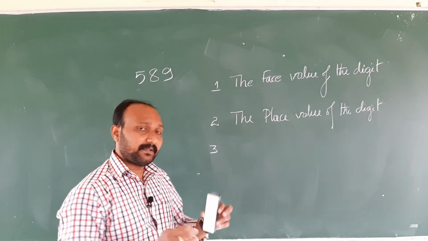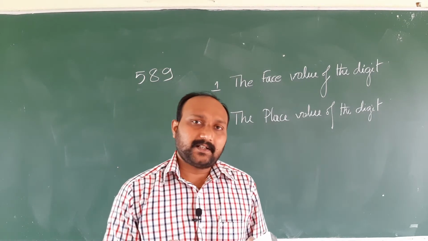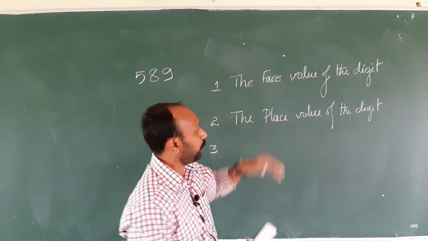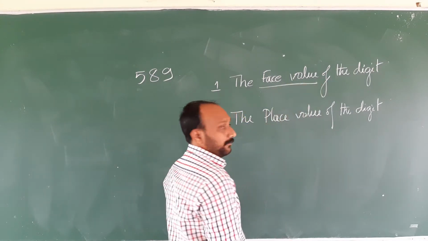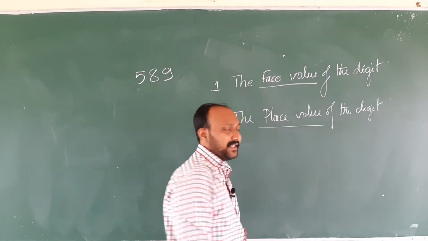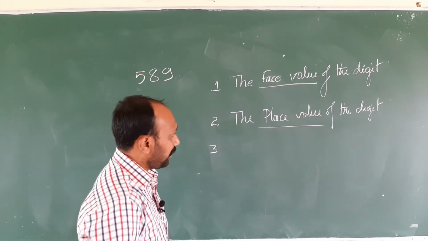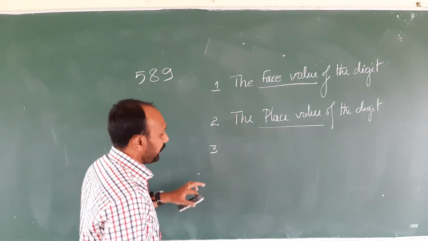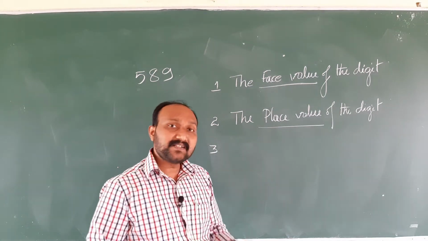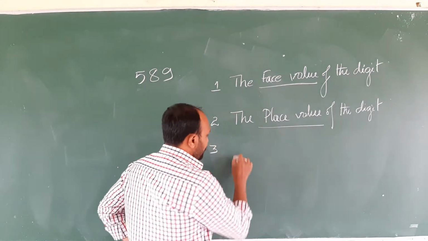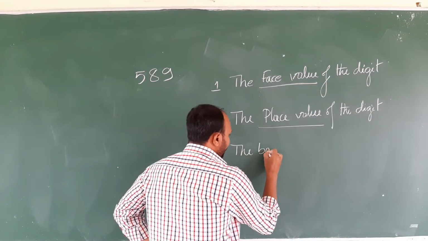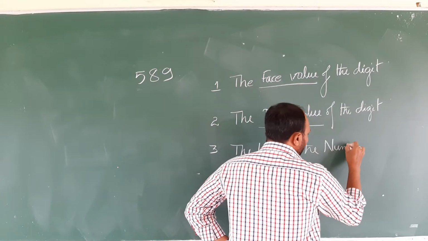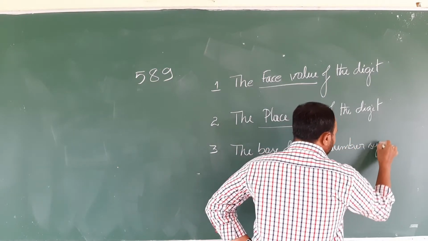So, in order to determine the effective value of a particular number, you need to consider 3 parameters. The first one is the face value, followed by the place in which we have used a particular digit, on which the complete value of the number will change. And the third one is the number system we are using, that is the base of the number system.